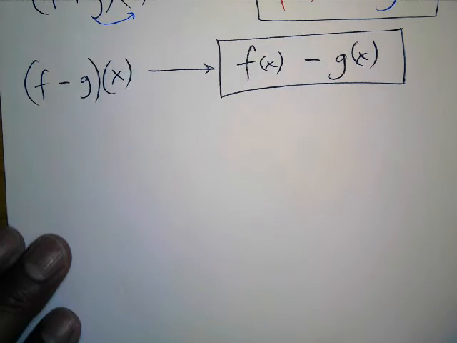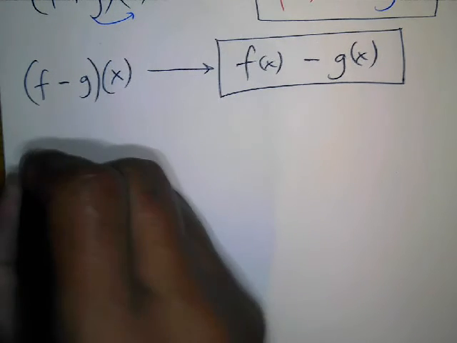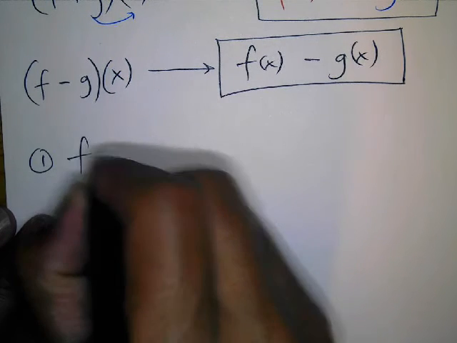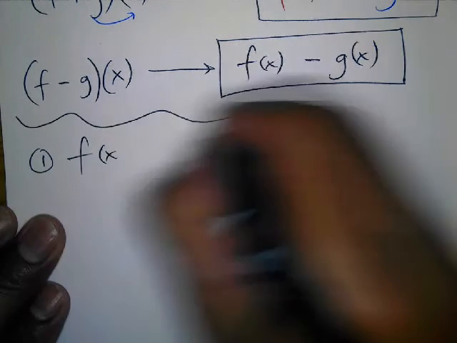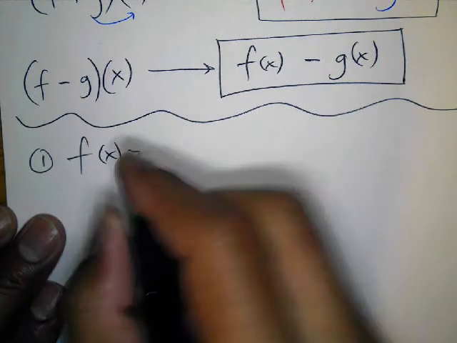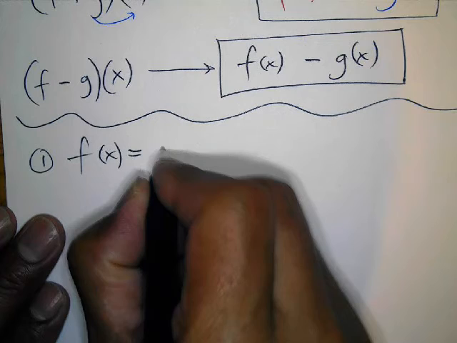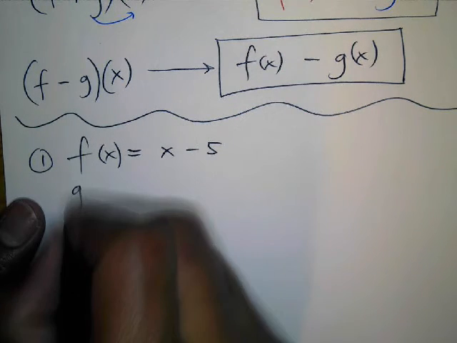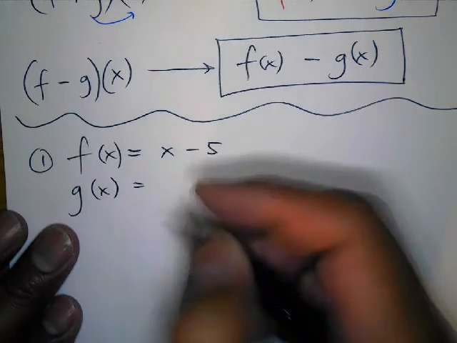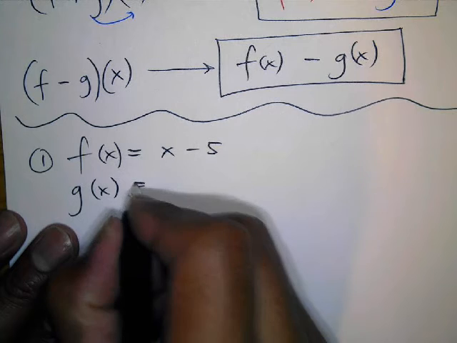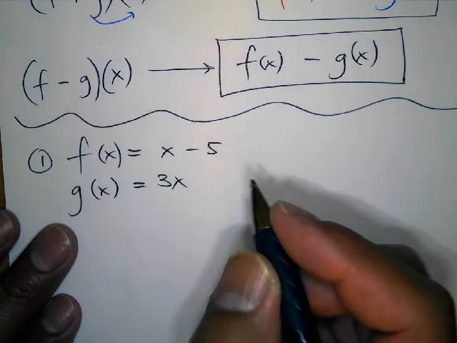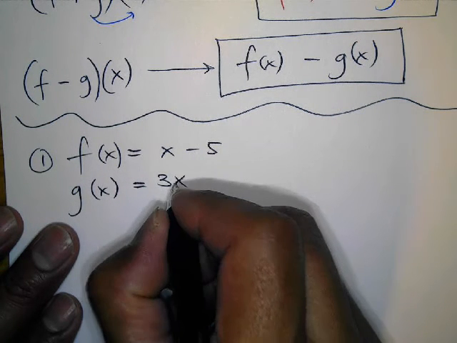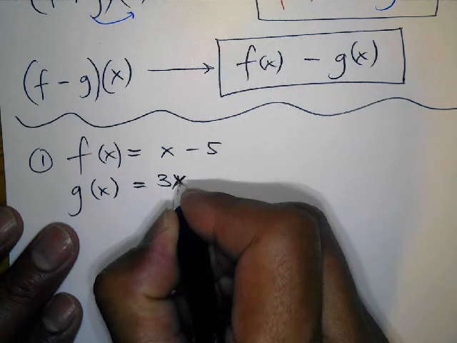So we're doing that function notation, but what if we had a problem like this? Number one, I have f of x is equal to, we'll do a really easy one, x minus 5. And then g of x is equal to 3x plus 5.